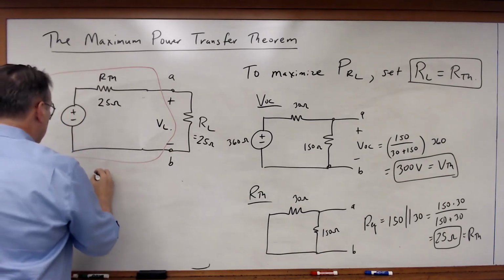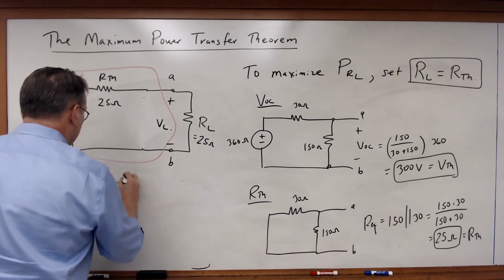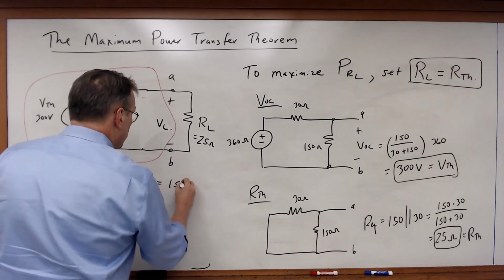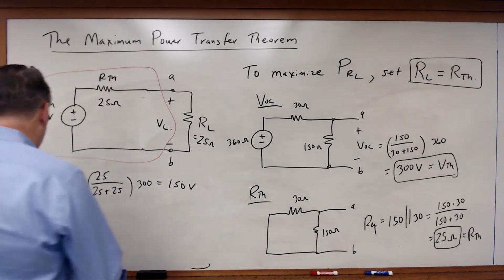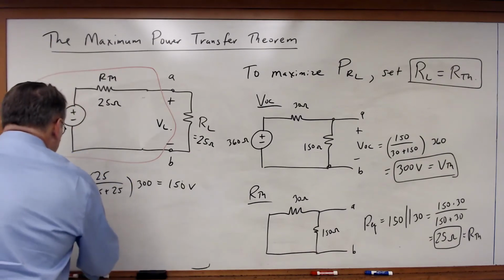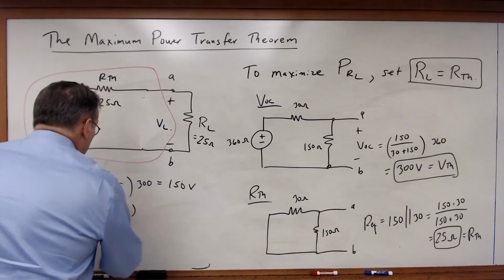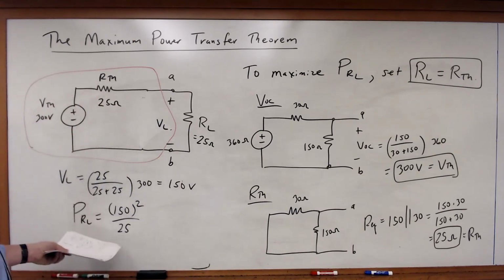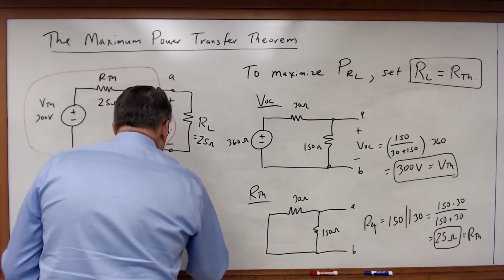VL is just going to be equal to 25 over 25 plus 25 times 300, which will be equal to 150 volts, once again just using voltage division. And therefore, PRL is just equal to 150 volts squared divided by 25, V squared over R, and that's equal to 900 watts.